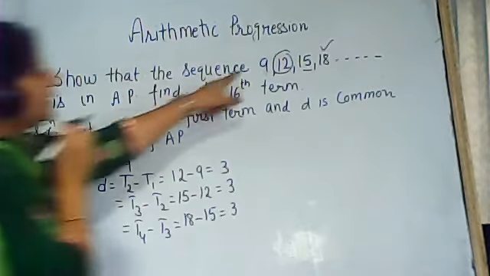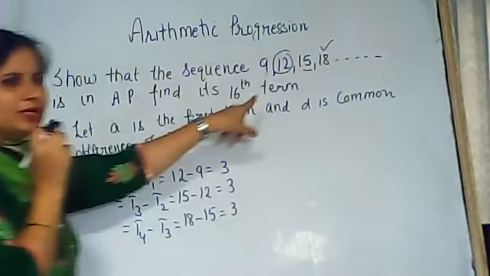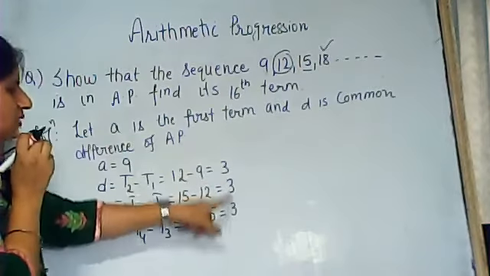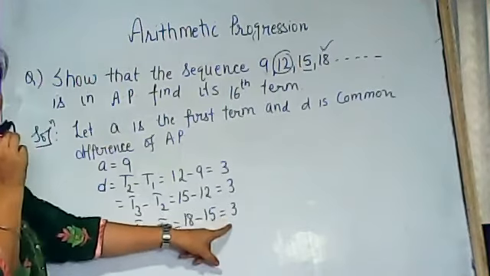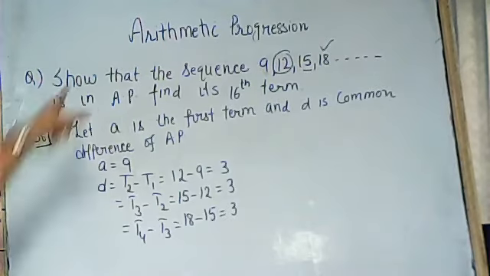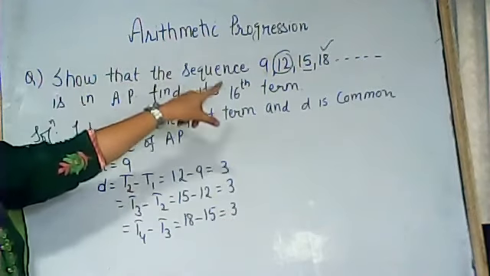It means in the given sequence, when we calculate the difference, it is always the same, and this is equal to 3. Hence, we can say the given sequence is in AP.